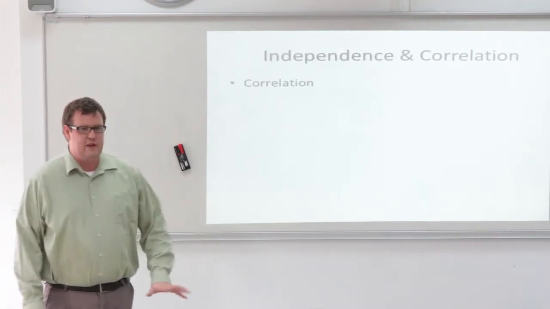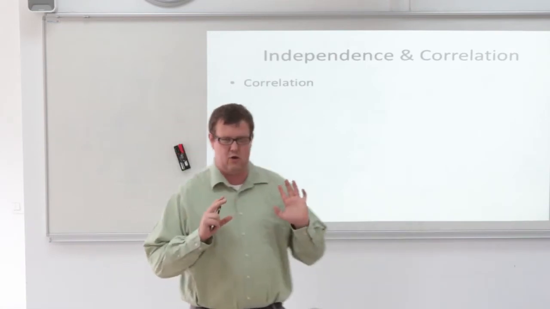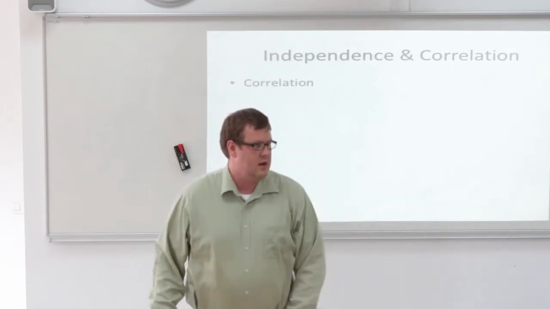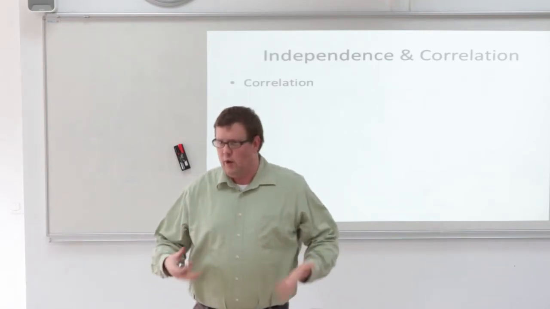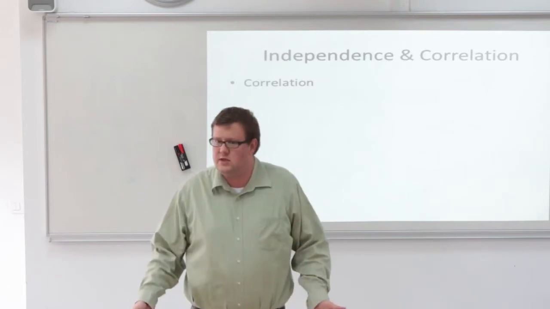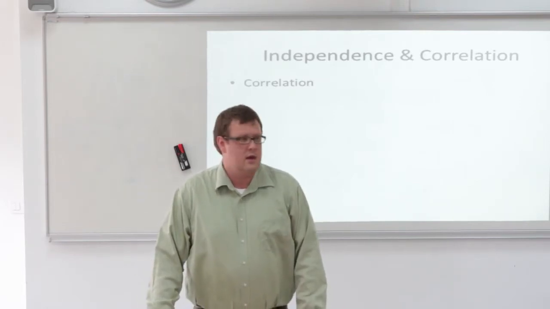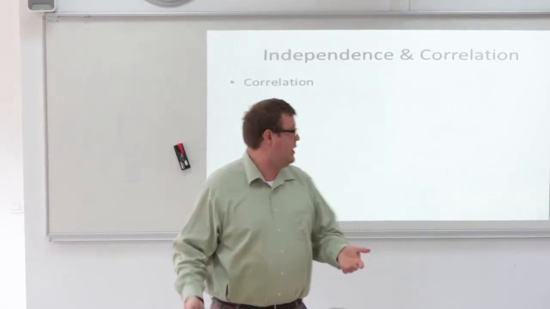Okay, so let's talk briefly about independence and correlation. We're going to talk about correlation a lot in several weeks. But hopefully some of you already have an idea of what correlation is, if you've had intro or maybe statistics in high school. What is a correlation, basically? It's a relationship between two things, right?